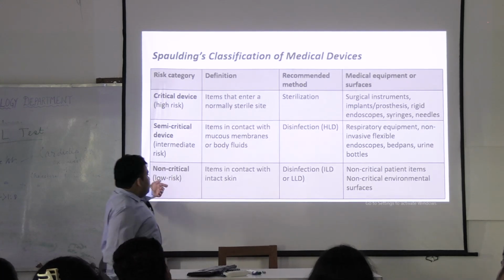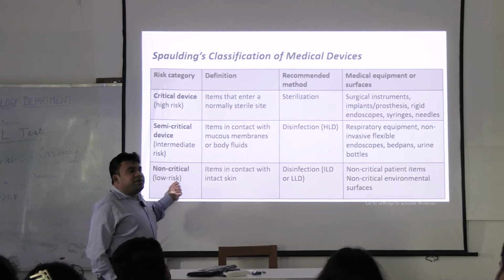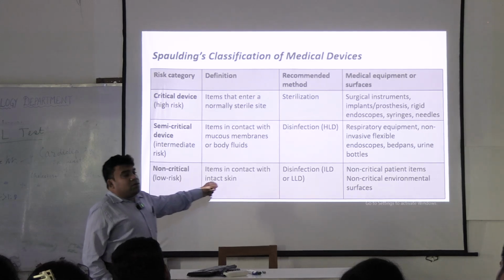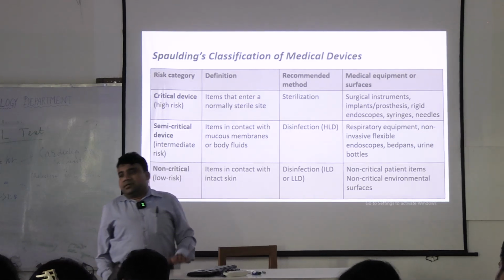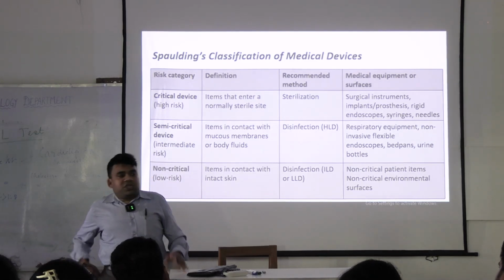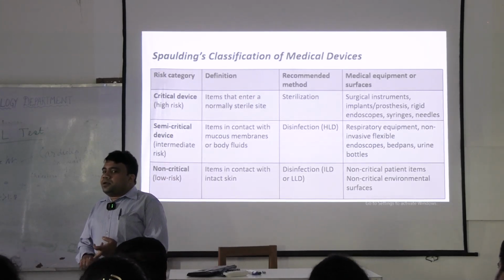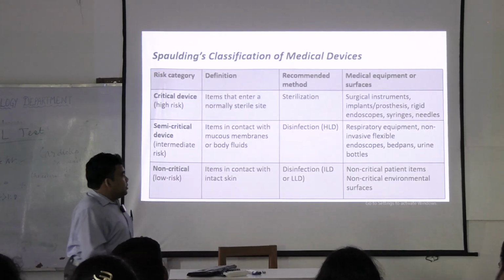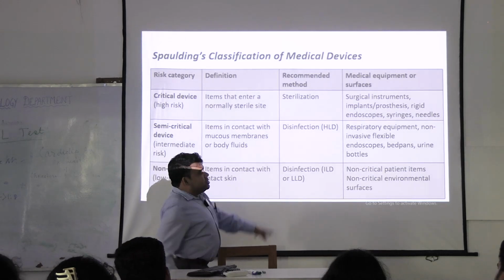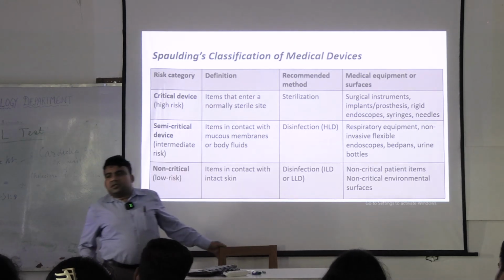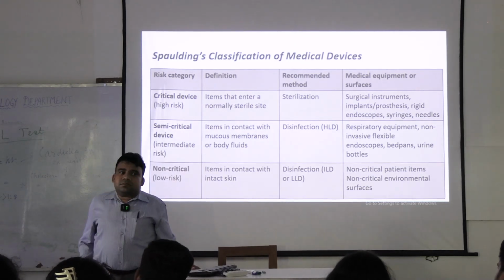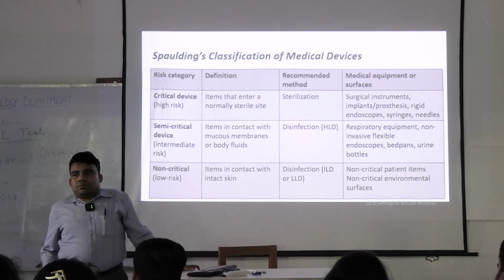instruments. Finally, we come to the non-critical. They come in contact with intact skin. No exposure to sterile area, no exposure to mucous membrane. Intact skin. We need low level disinfection. Now, what could be the examples of this? Any idea?